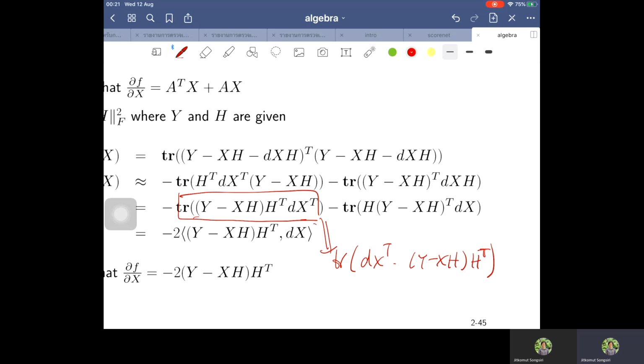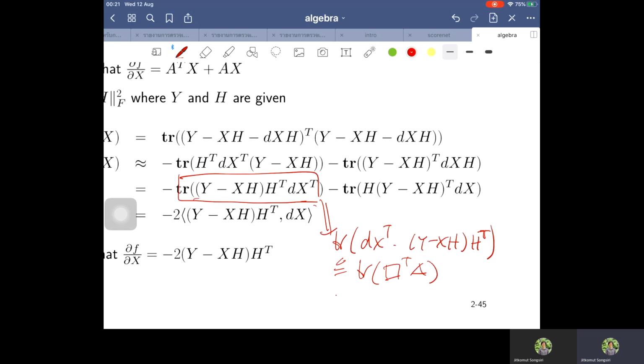Again, circular property, but that is in the form of trace of something with triangle. So it's supposed to be the inner product between dx and y minus xh h transpose.